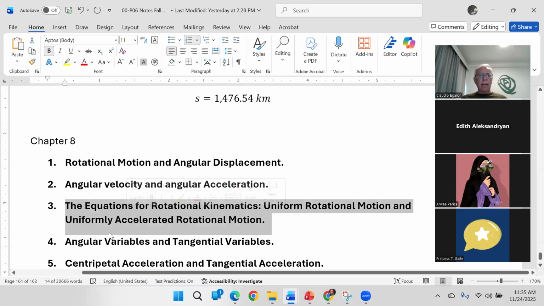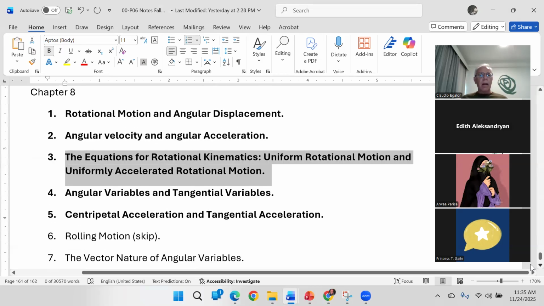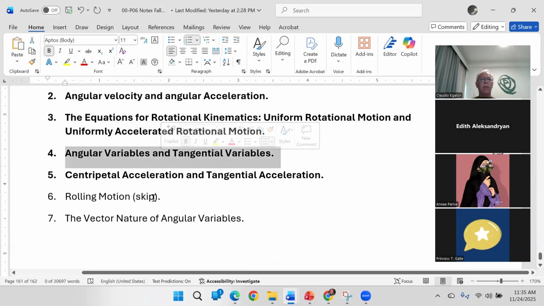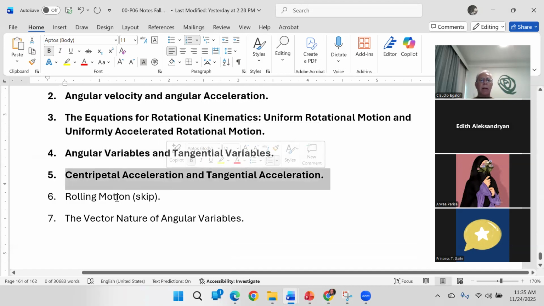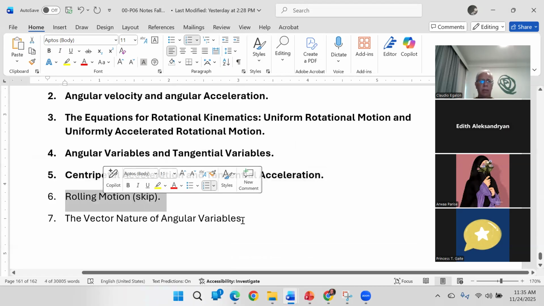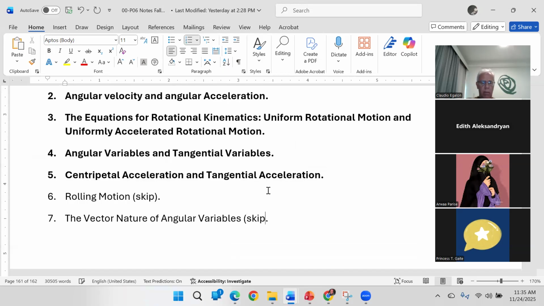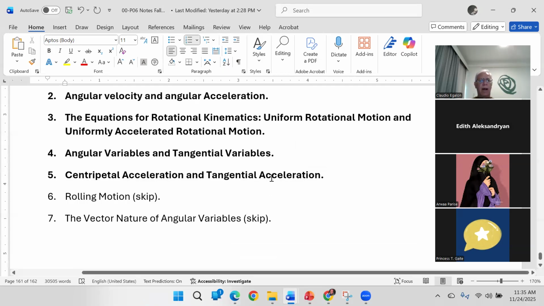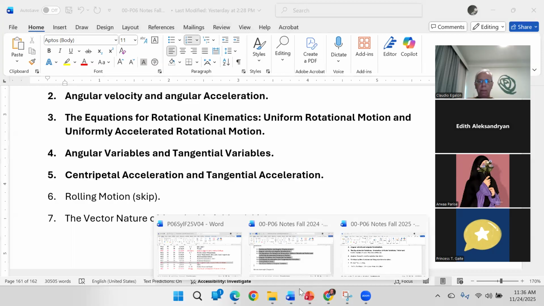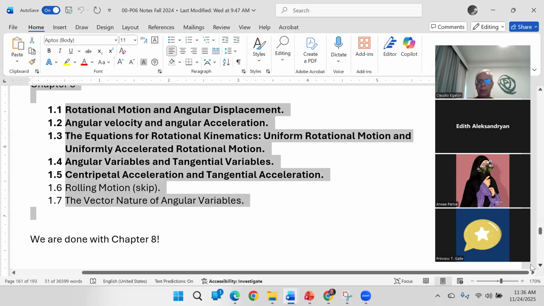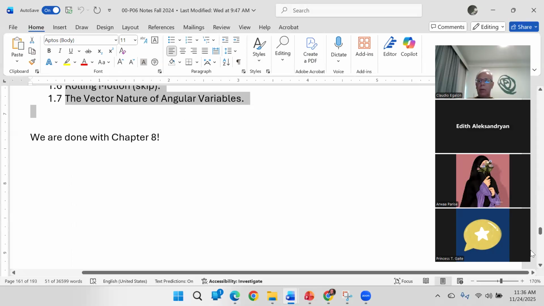The equations of rotational kinematics, uniform rotational motion and uniformly accelerated rotational motion. Angular variables and tangential variables, we did that too. Centripetal acceleration and tangential acceleration. Let's skip rolling motion, and we're going to skip this one as well. Let's stick with those 5 sections here. So we covered everything of chapter 8. We're done with chapter 8.